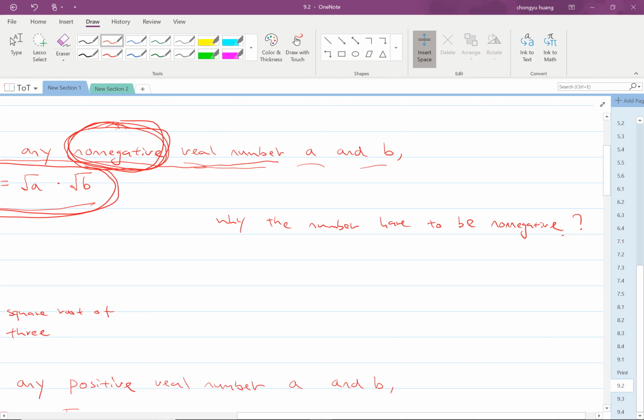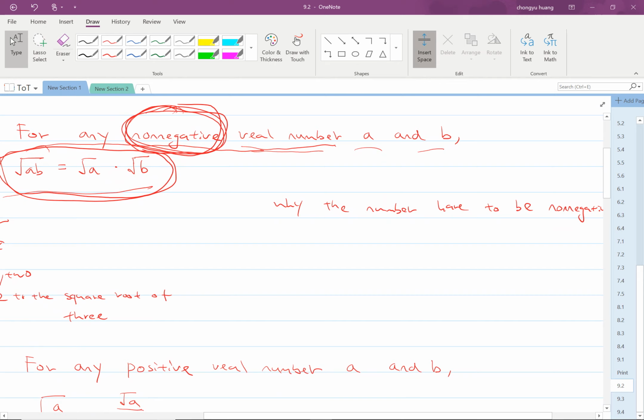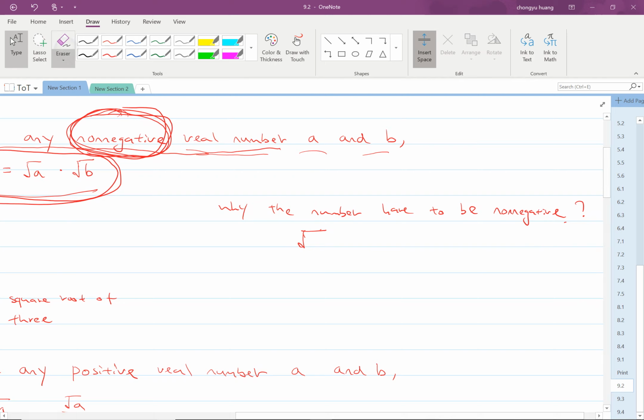Suppose we have a negative number, negative 9. We have the square root of negative 9.